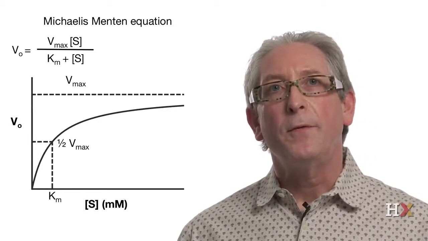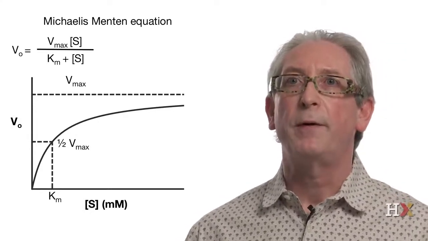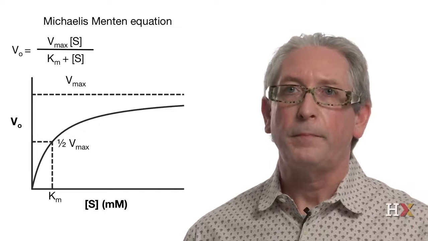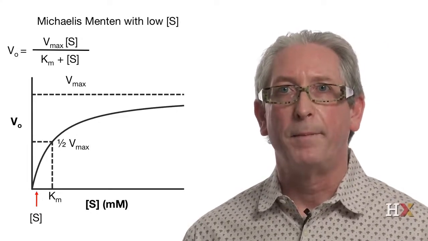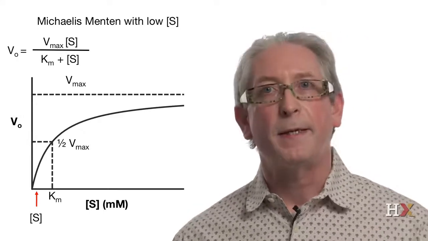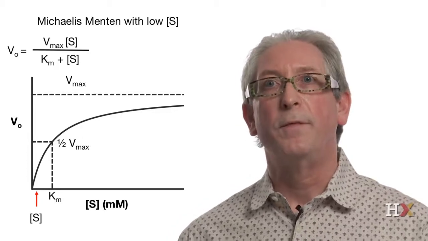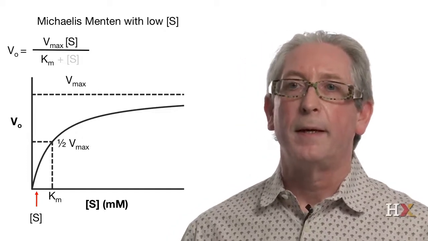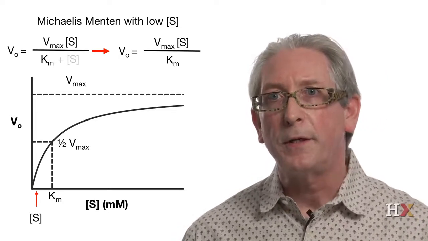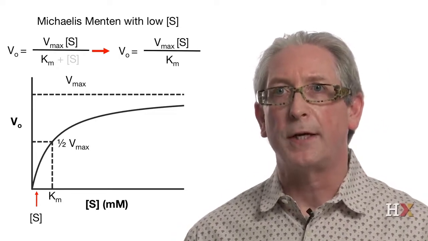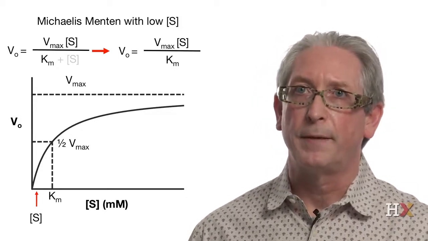Well, we can, for example, consider that the concentration of substrate is very low. So low that it's negligible compared to Km. In this case, the Michaelis and Menten equation becomes V0 equals Vmax over Km times S, which means that under this condition, the velocity of the reaction is directly proportional to the concentration of substrate.